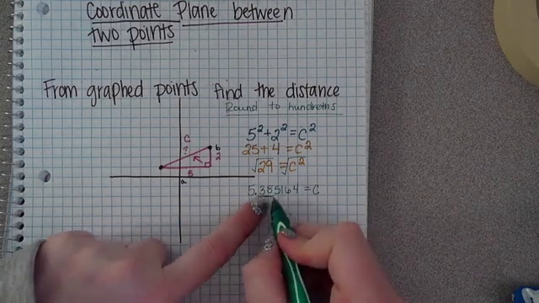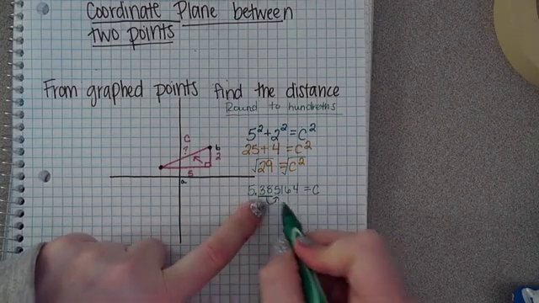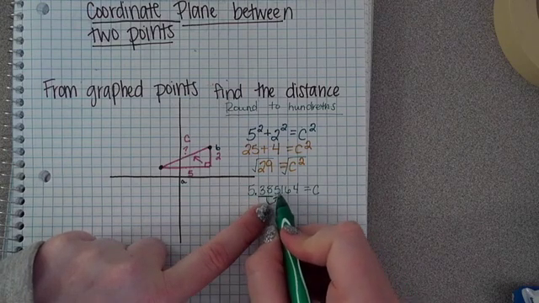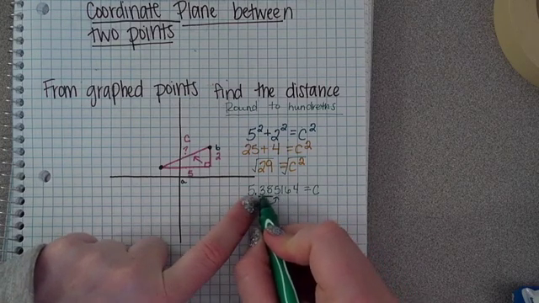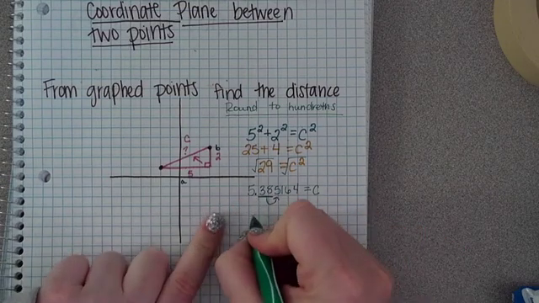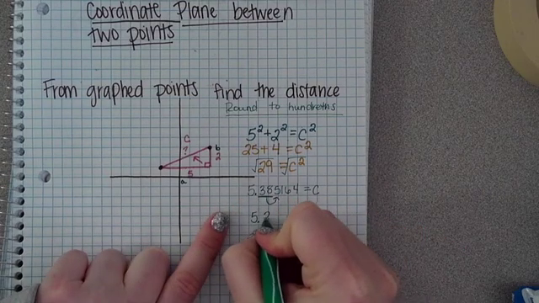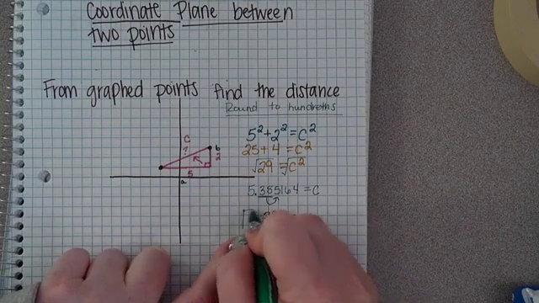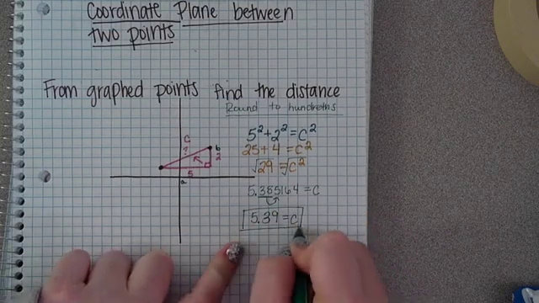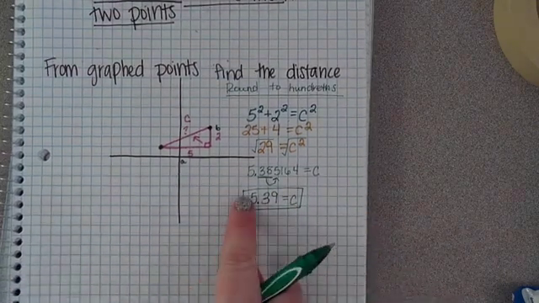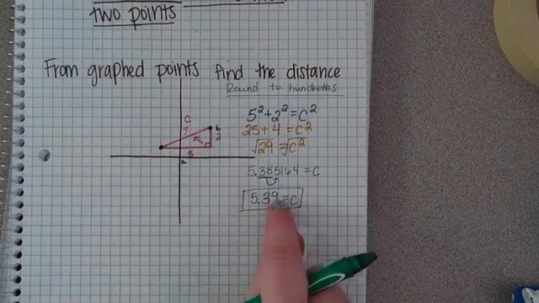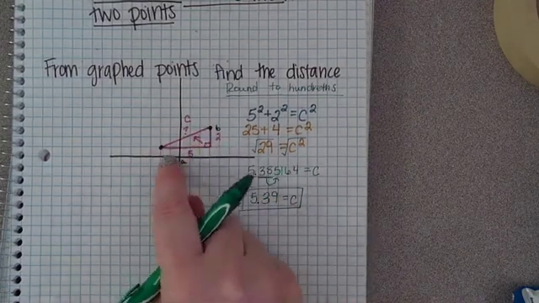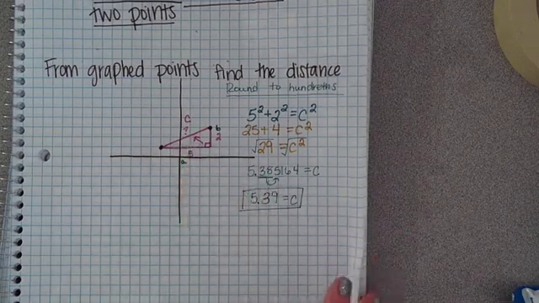Is 38 going to round up because of the 5, or is it going to stay the same? Well, we know 5 or bigger makes it round up. So instead of being 38, it would be 39. So 5.39 equals C. Okay, so our C value would be 5.39. Remember, it has to be longer than this side right here.